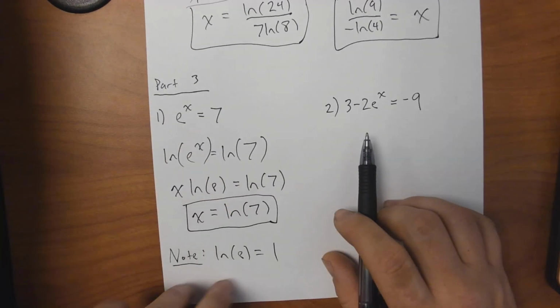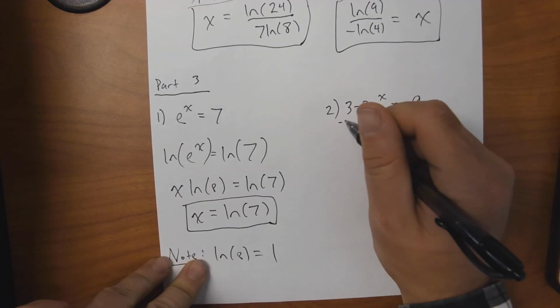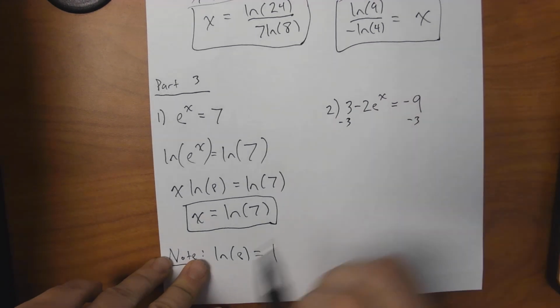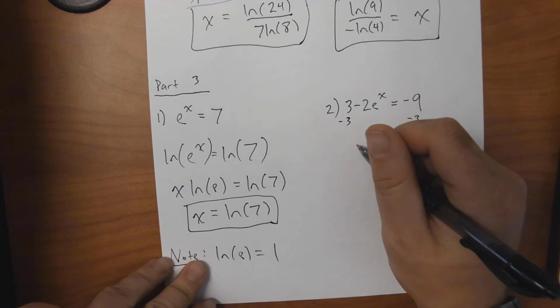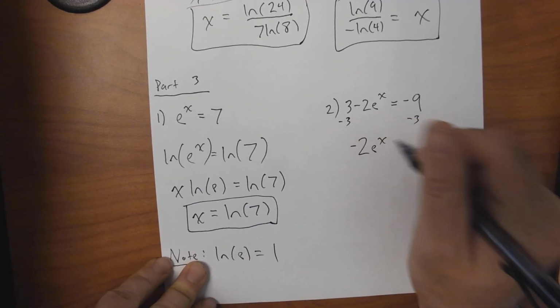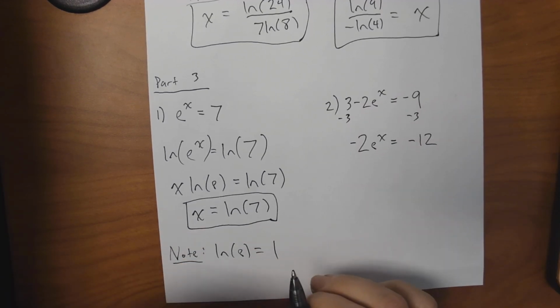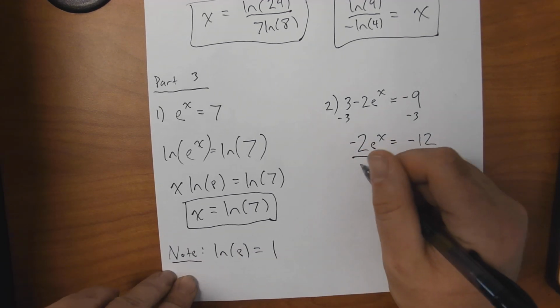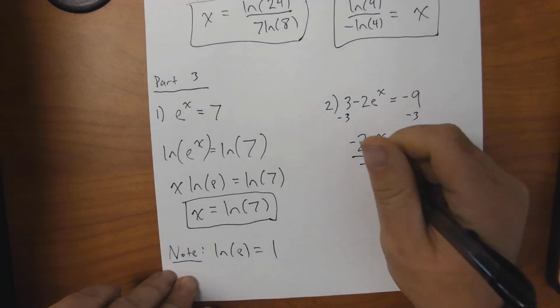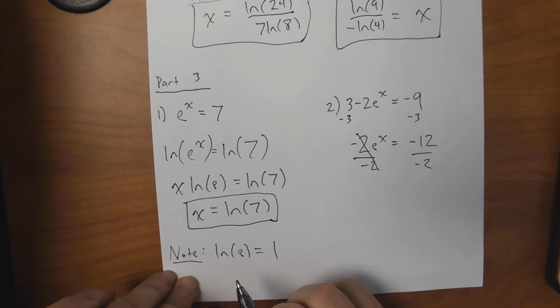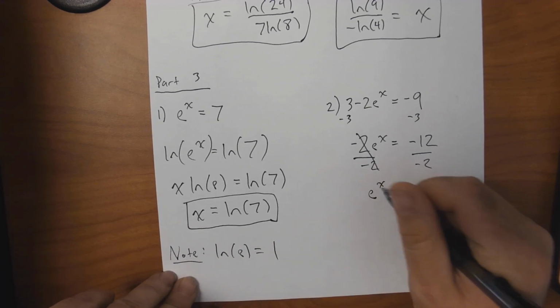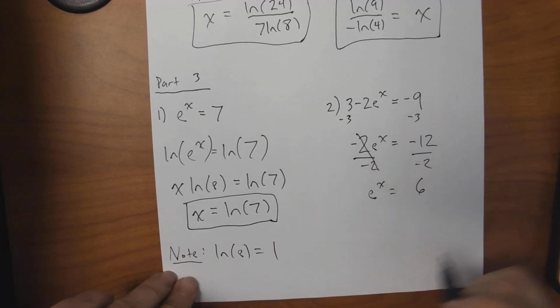So here on this problem, I want to go ahead and isolate first. So I'll go ahead and subtract 3 from both sides, bring everything down. Note, my exponential is not isolated yet. I'm going to divide both sides by negative 2 to completely isolate it. So I have e to the x equals 6. Now I'll go ahead and log both sides.